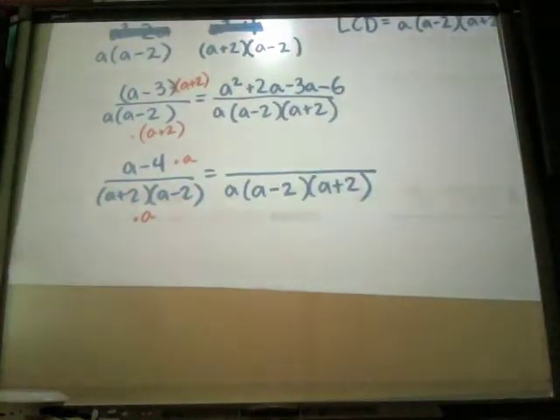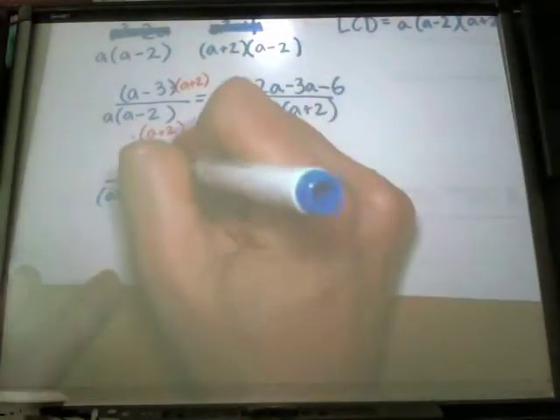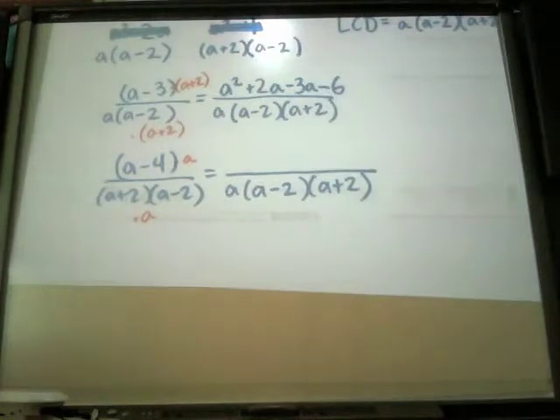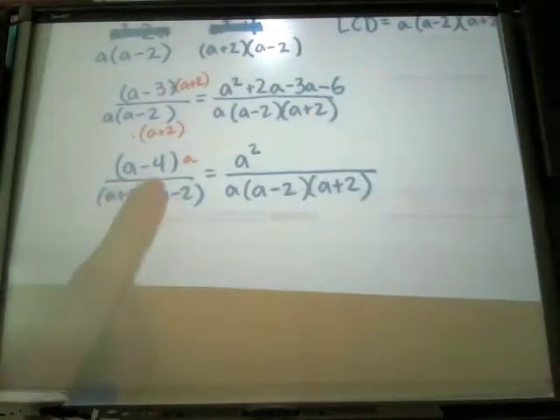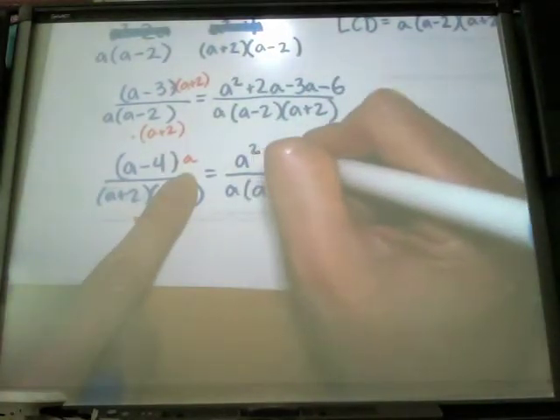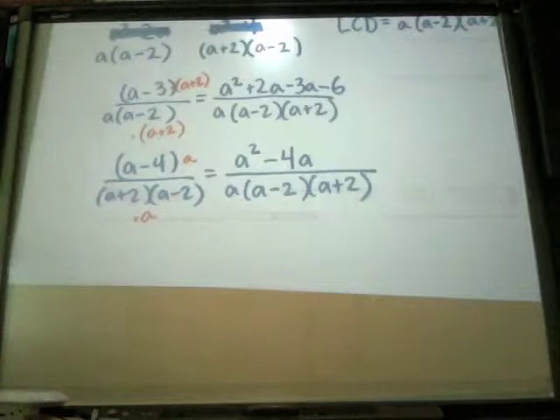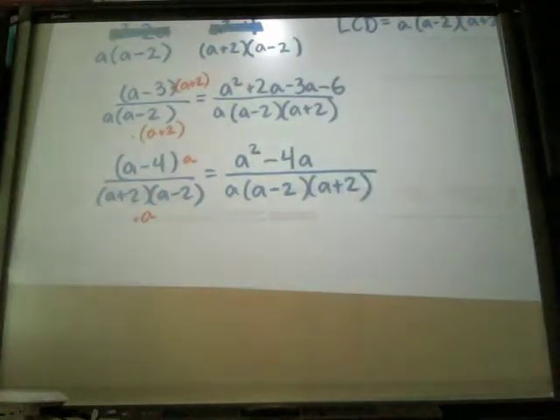Now again, I have to multiply all of a minus 4 times a, but it's not foiling, I'm just distributing. A times a, a squared, negative 4 times a, negative 4a. Again, I know these take a while. You won't have very many of them. Okay, we finished step 3.